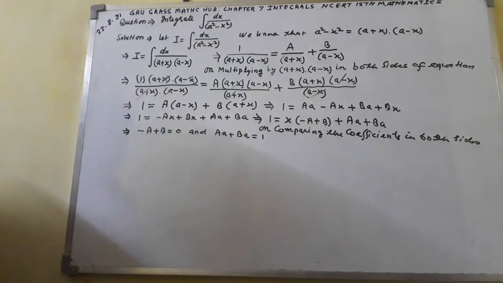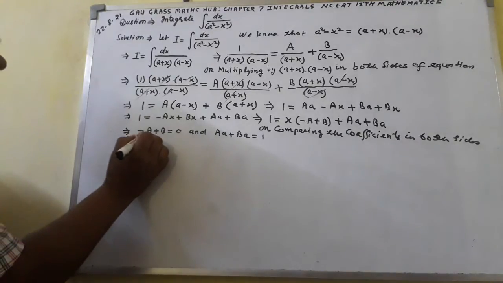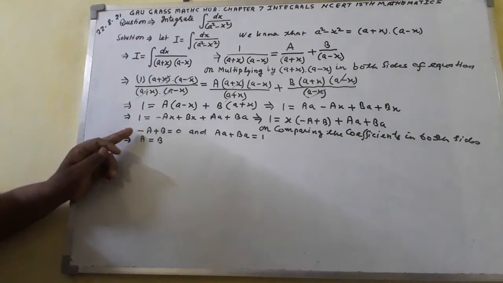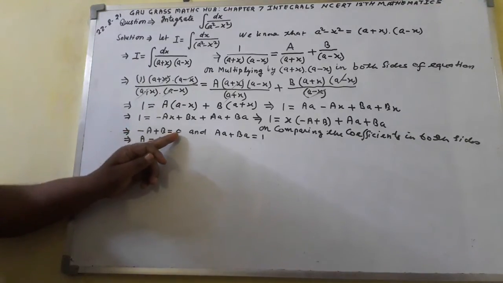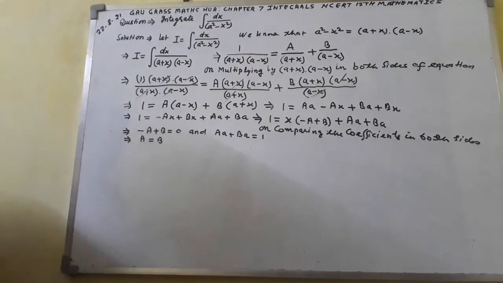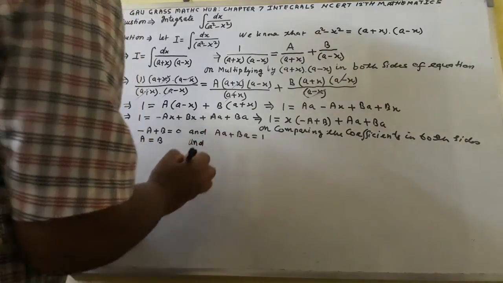This thing we will get. Now from here you will get A equal to B, because minus A is there in the left hand side, that will be thrown back to the right hand side. It will become in the right hand side plus A. So A equal to B it will become. Put the value A equal to B here.